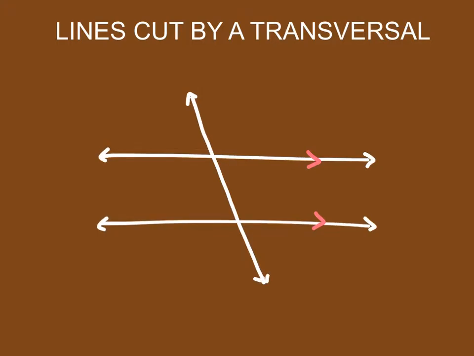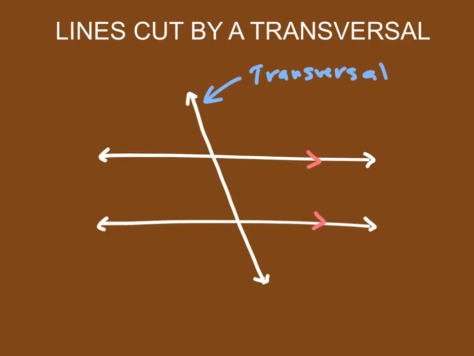So in this photo, we've got two lines that are parallel being cut by a transversal, okay? So let's label this line here as our transversal. And a transversal is just a line that intersects two or more other lines.